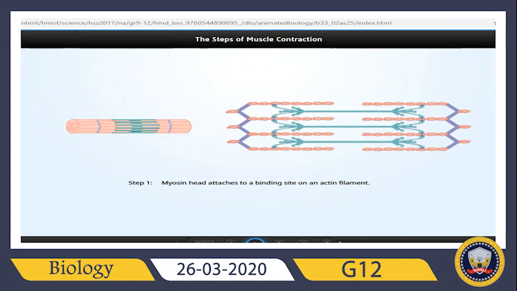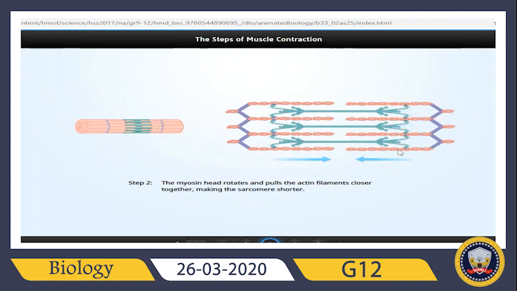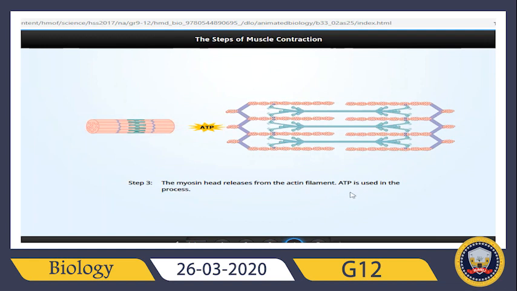Okay. So what will happen during contraction is the myosin will rotate, pulling the actin filaments closer together toward the M line, the center. And the sarcomere will become shorter and shorter. Now, this head releases from the actin filament, and ATP is used in the process. So a lot of ATP, guys, will be used in this process.